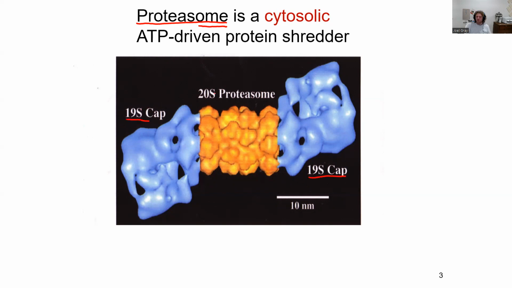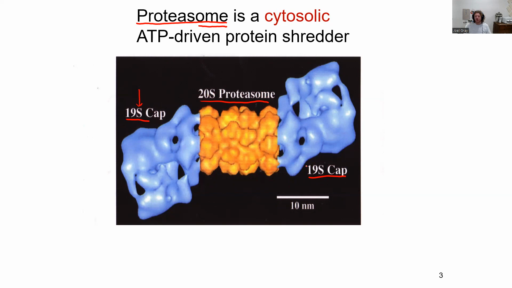19S caps and one 20S proteasome. So these 19S caps, first of all, the S is a measurement for something known as analytical ultracentrifugation. S stands for Svedbergs. And 19S has to do with the sedimentation coefficient.